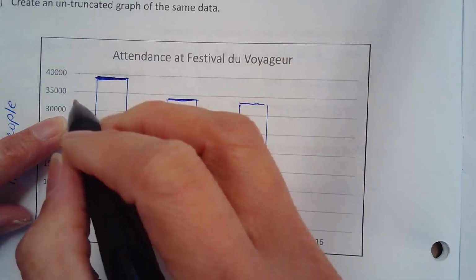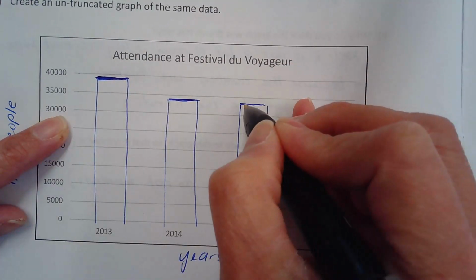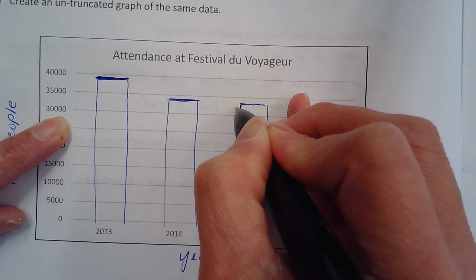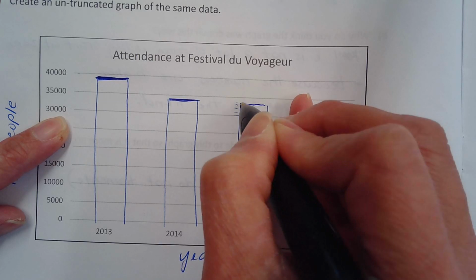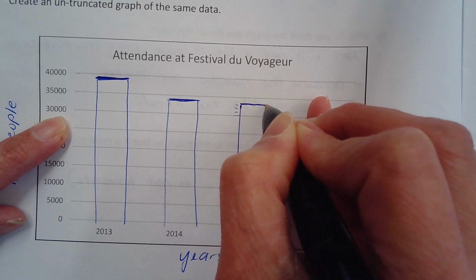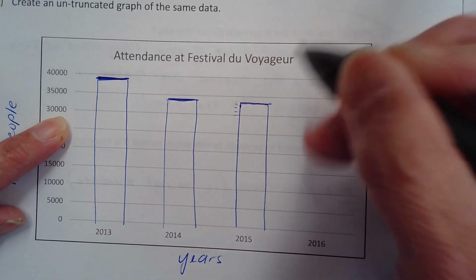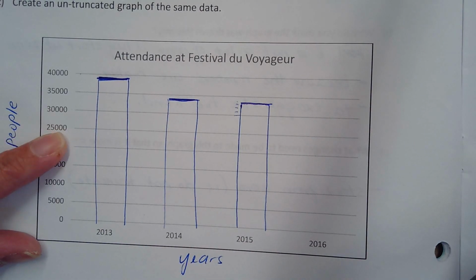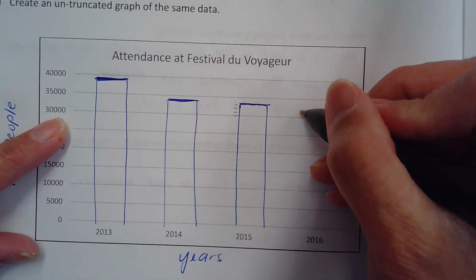Okay, so 34,000 would be 30,000, 31, 32, 33, 34. We should be pretty high still. And then 2016, it's 34,100.